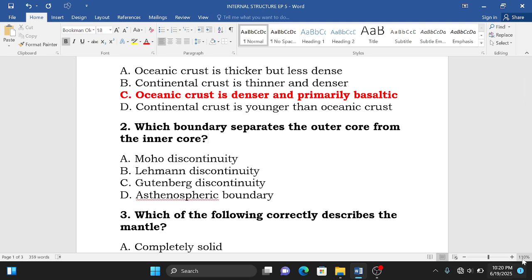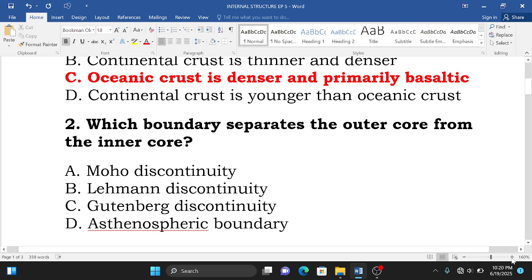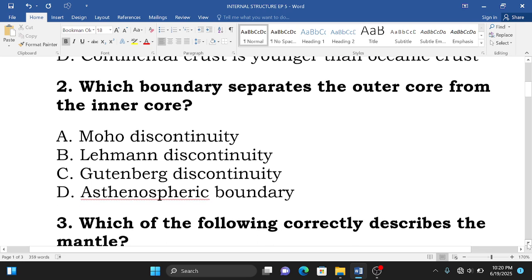The boundary that separates the outer core from the inner core. We have outer core and inner core. Remember, we talked about the two main layers in the internal structure of the Earth, but one layer is also divided into two main parts.